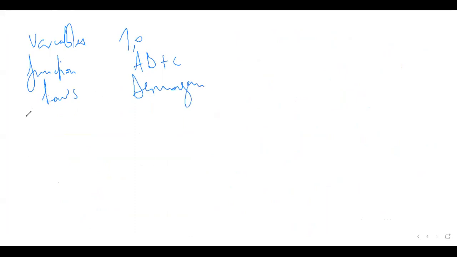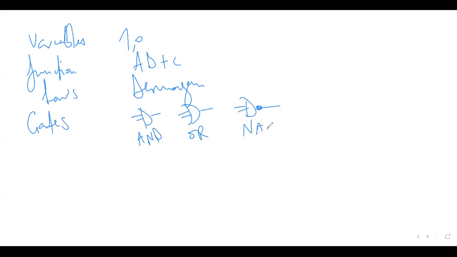I've introduced gates, logic gates, AND, OR, NAND. I've also introduced what else? What else have I introduced? I think that's it. Truth tables.